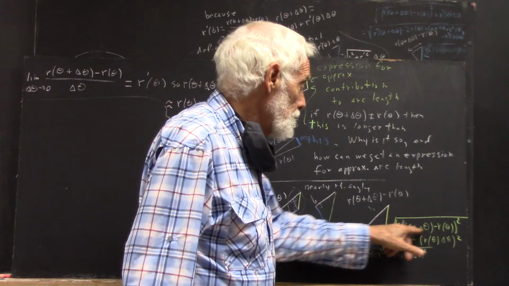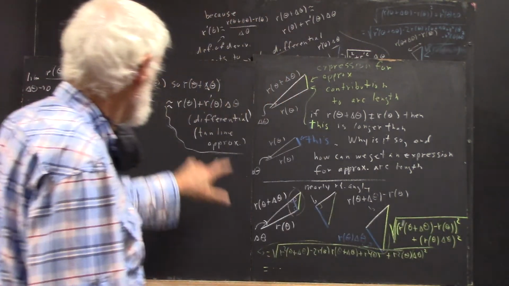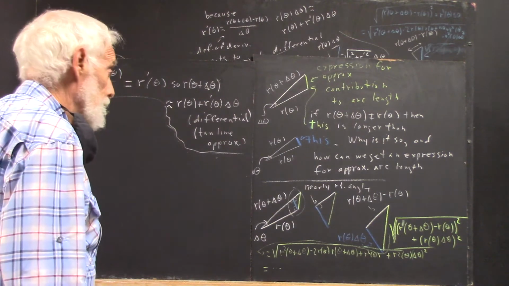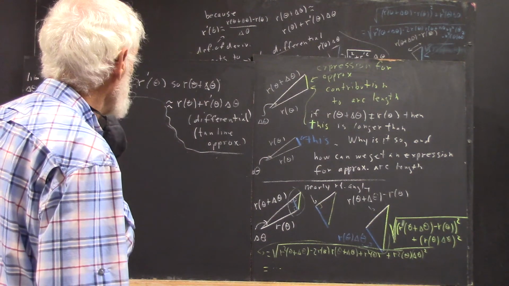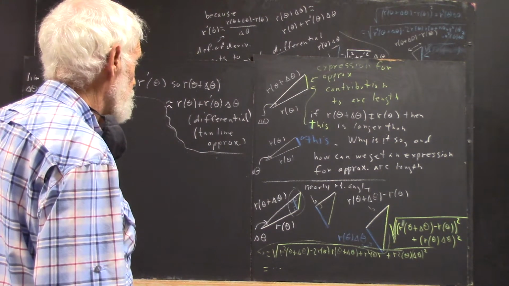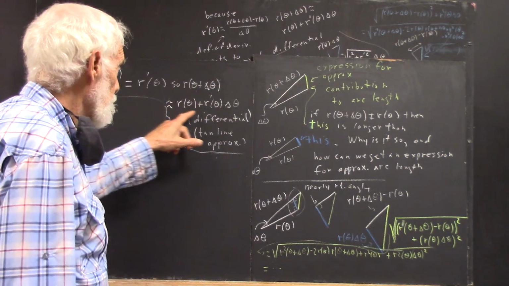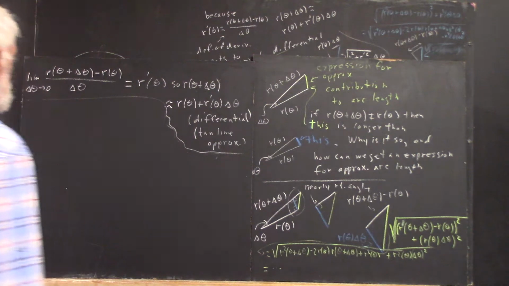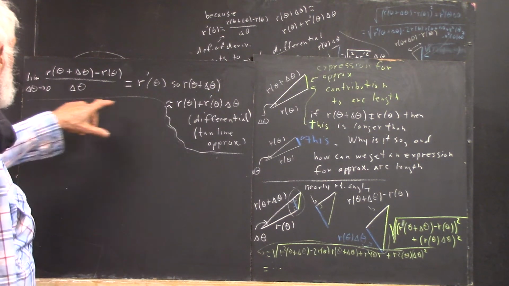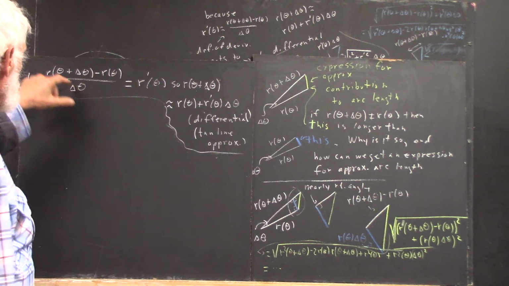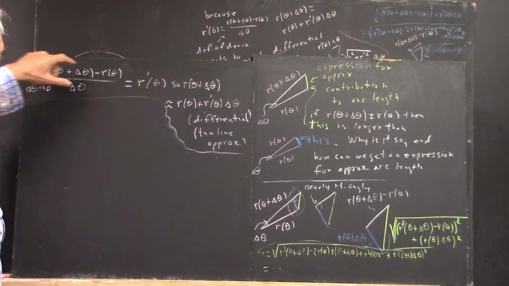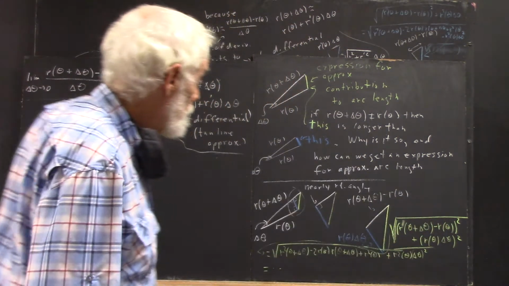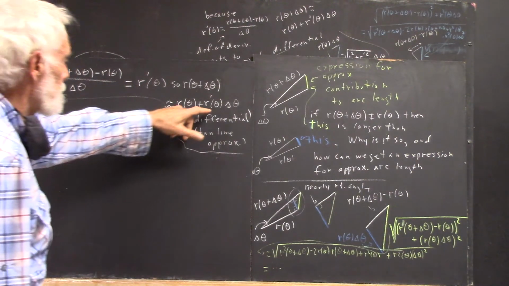Because now this expression, it's squared, just becomes square root of this, okay? And it becomes much simpler. So for R of theta plus delta theta, we plug this in. And of course, we could have plugged R prime of theta delta theta for the difference R of theta plus delta theta minus R of theta here. Okay? Well, we've got to plug this in, though.